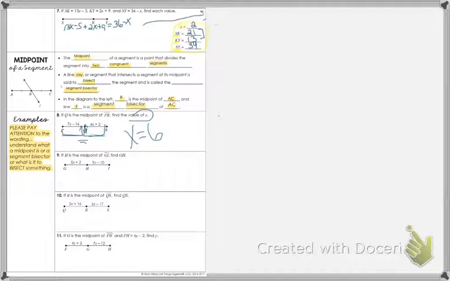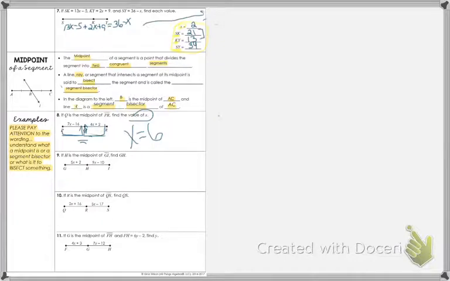Let's look at number 10. If R is the midpoint of QS, find QS.